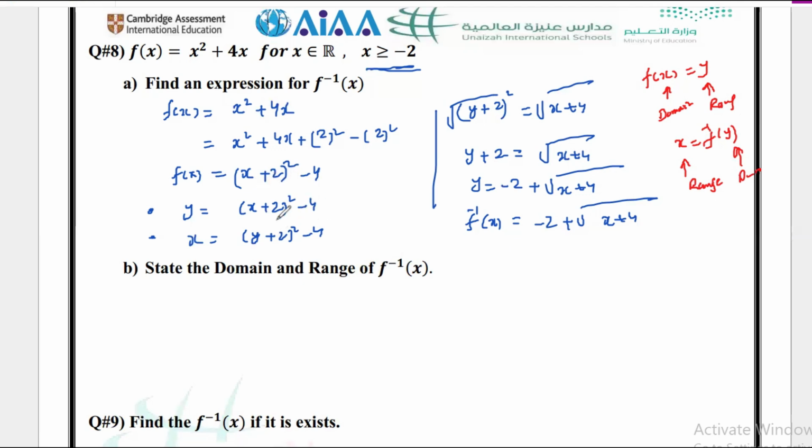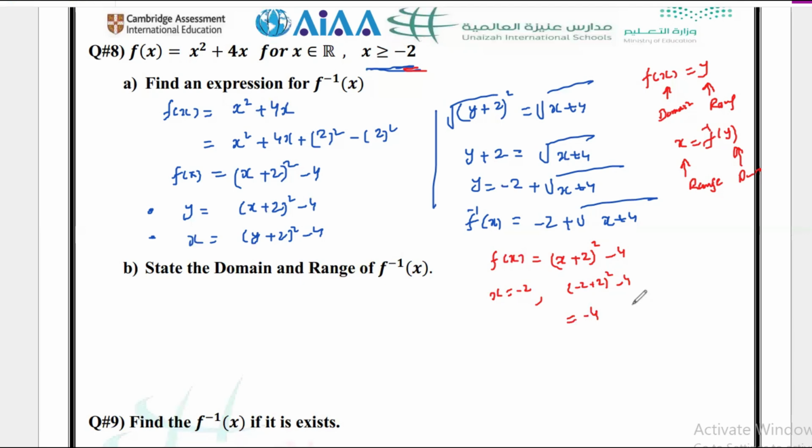So the minimum value of this function can be found, for example, if you have f(x) = (x + 2)² - 4. The minimum value occurs for the x value of -2. Meaning when x is -2, this part becomes 0, and it means we are getting -4.